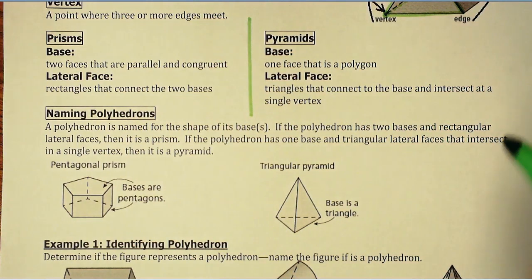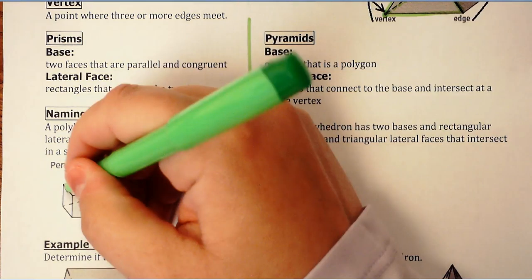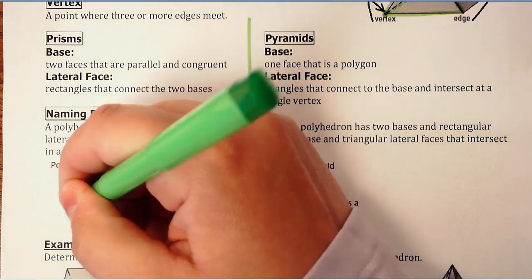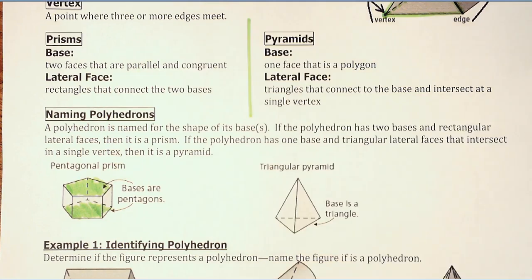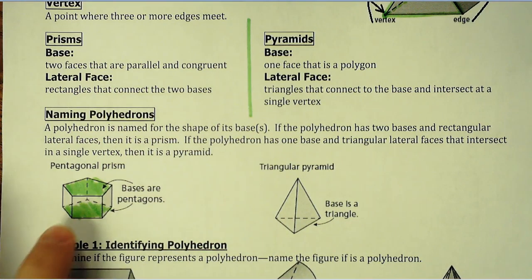Let me come down just below here real quick because I've got an example of a prism. So I have two parallel faces. There's a pentagon. There's another pentagon. They're parallel to each other. They're parallel planes there. And as you guys can see, all the other surfaces in that figure that run between the two, those are rectangles.